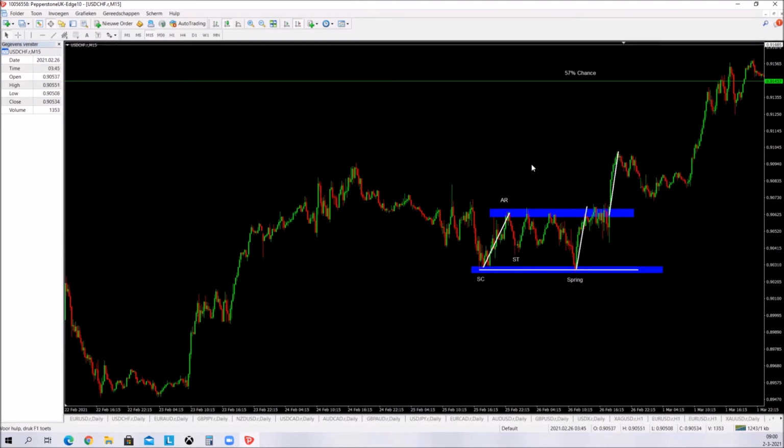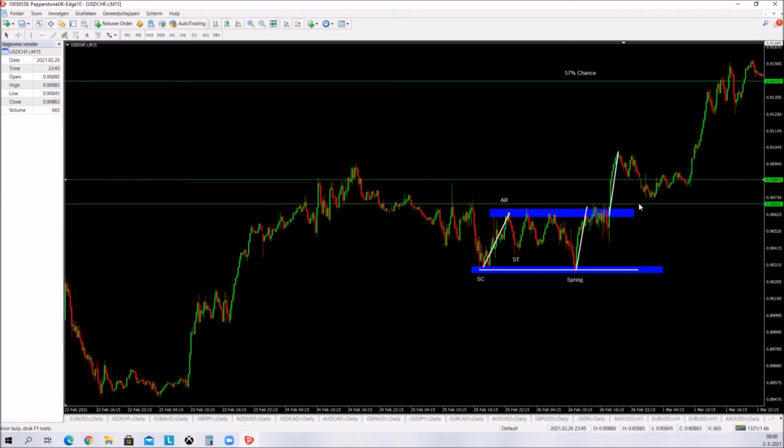However, after some backtesting I've done, I noticed I'm better off when I split my position. So normally I would enter at the close above the range, which would be here. However, I also noticed that I can enter over here and get a better payout overall without missing too many trades.